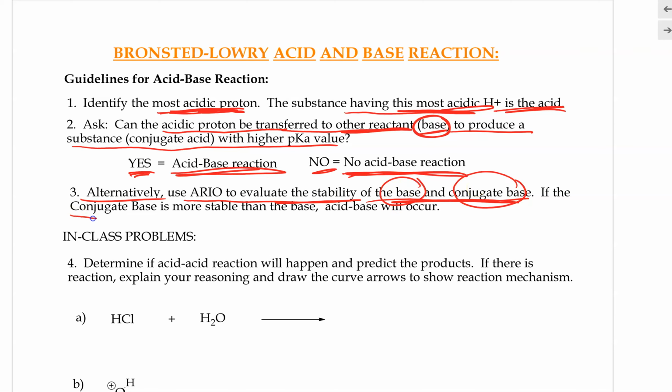If the conjugate base is more stable based on ARIO analysis, then the acid and base reaction will occur. So these are the two methods that we can use to determine whether or not an acid and base reaction will happen, by either using pKa or using ARIO and comparing the stability of the base and conjugate base.